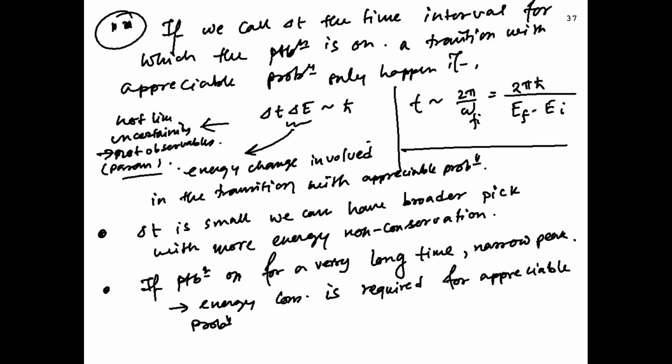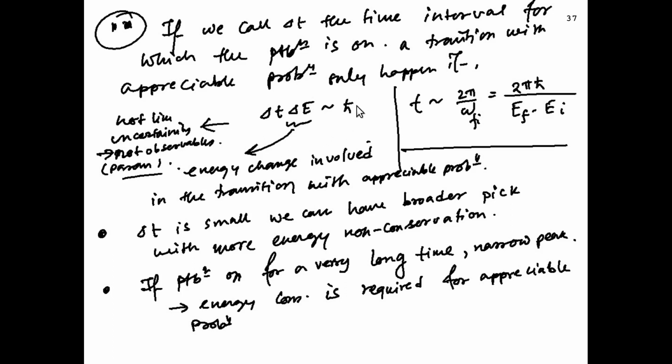Now, how to make sense of this result? What is happening here? If you call delta t the time interval for which the perturbation is on, a transition with appreciable probability will happen only if it satisfies the energy gap, satisfies the time-energy uncertainty.